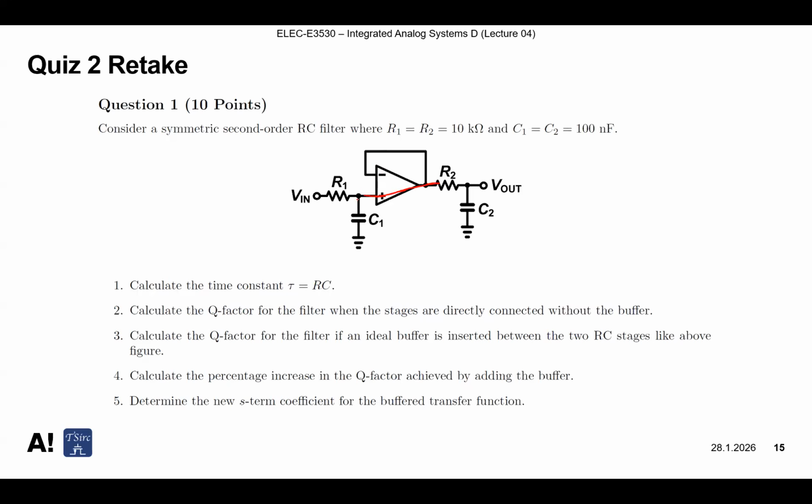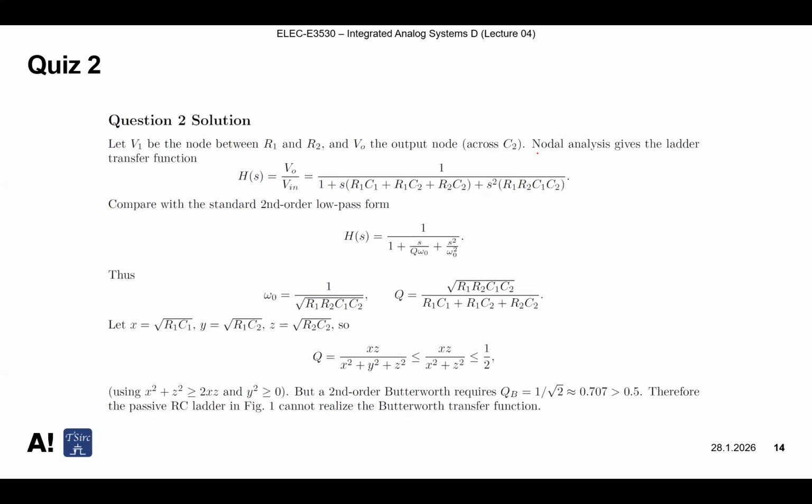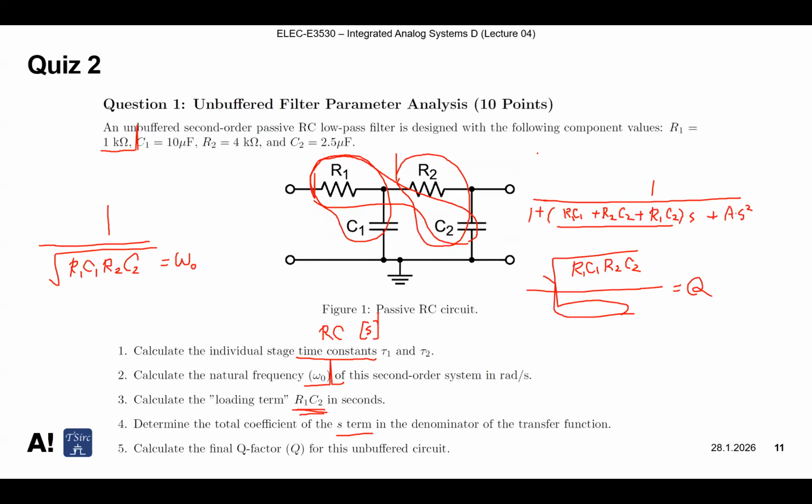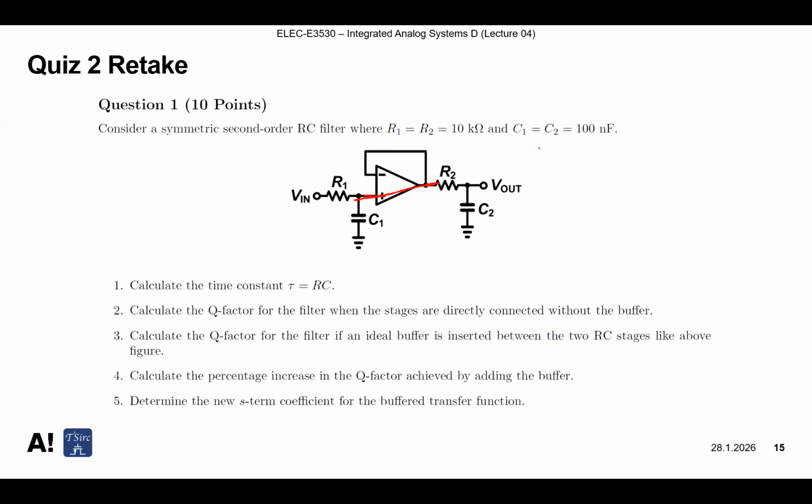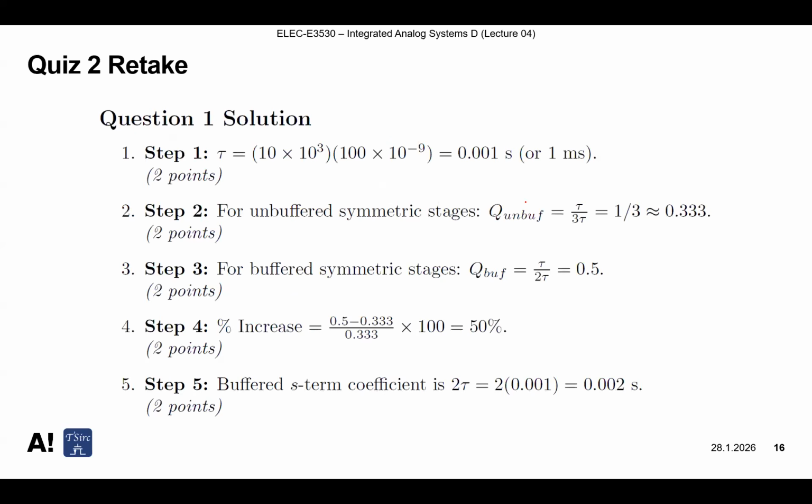So this is exactly the same situation as in quiz 2, question 1, right? Then, because we have R1 equal to R2, C1 equal to C2, the Q factor goes to 0.333, as we did in the previous calculation.